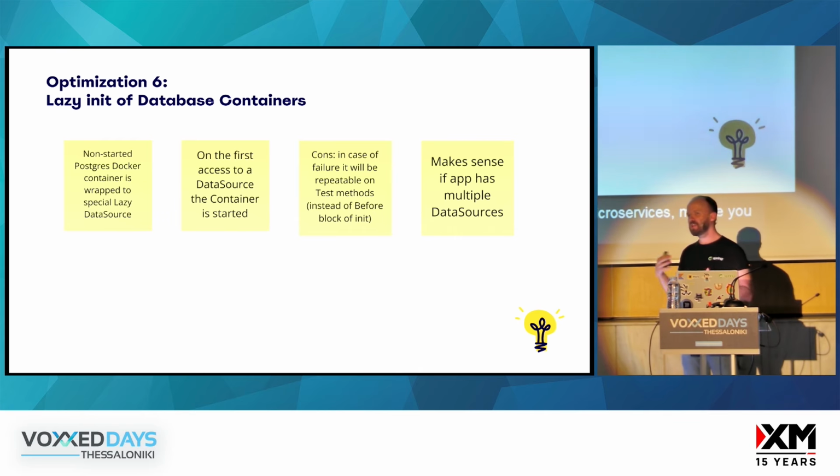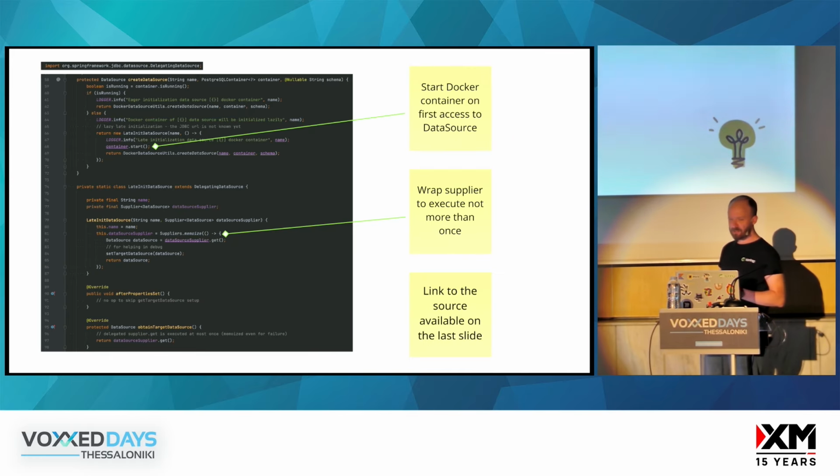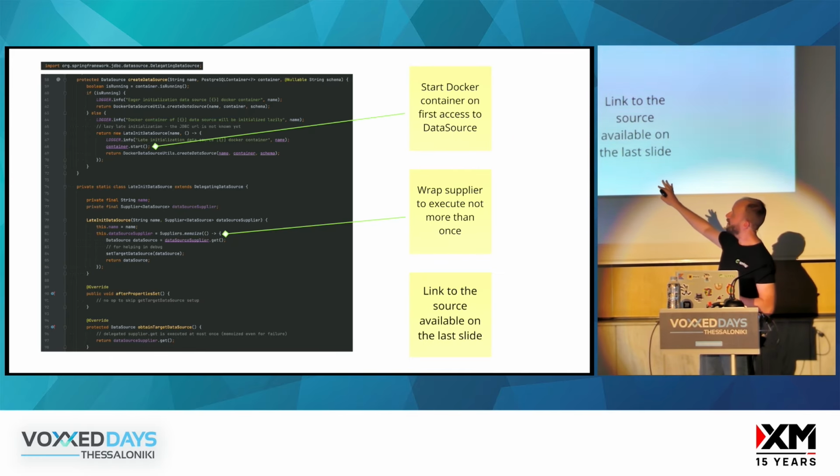But if you have a monolith application that has lots of data sources, lazy initialization of those containers can help you a lot for the sake of optimization. What does it mean? Usually you define a Docker container and the data source on top of that Docker container, which are initialized eagerly. Instead, you can use some kind of lazy initialization.